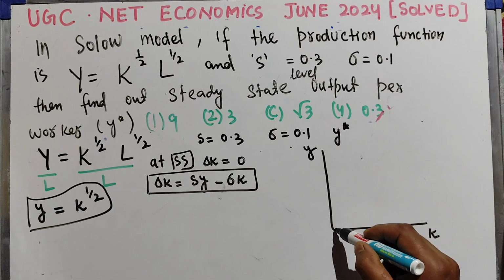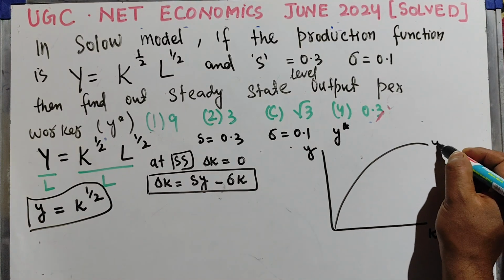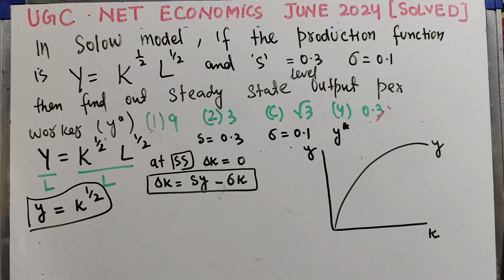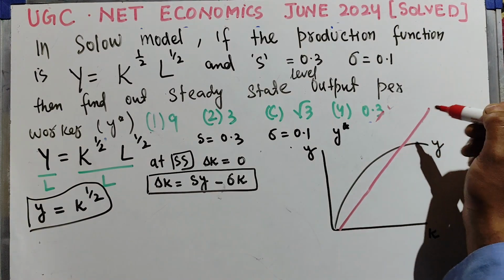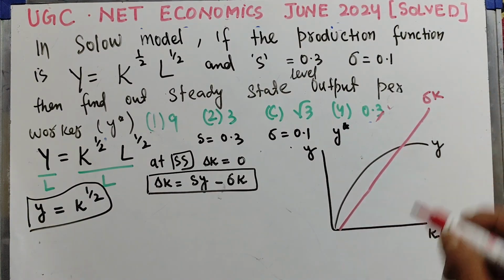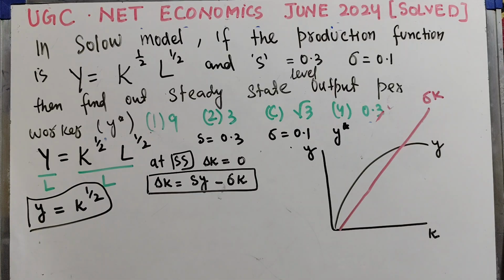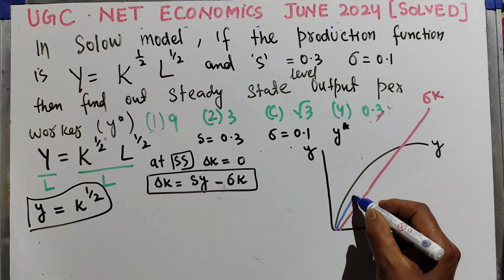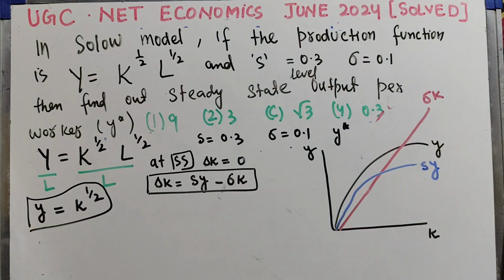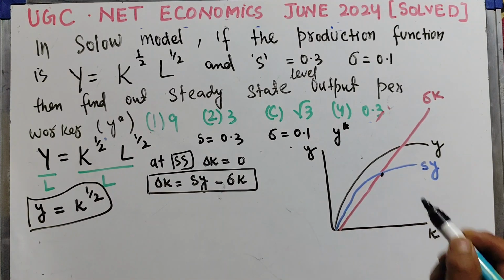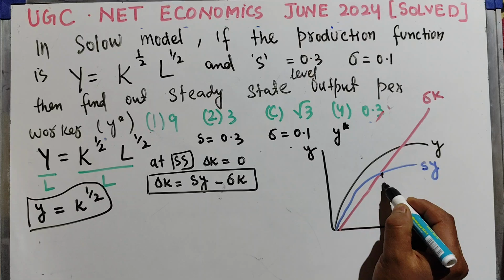And if I draw it here, let us say this is our output per worker function. Then we draw the depreciation line, delta k. Then we have the savings function, that is sy. What happens at steady state?